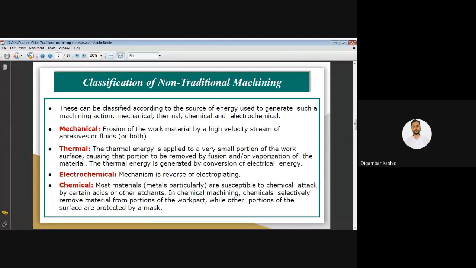That means if your workpiece is an electrically conductive metal, then and only then can some advanced machining processes be used. For example, electrochemical machining, electric discharge machining, or even electron beam machining. These processes you can use only for electrically conductive metals.